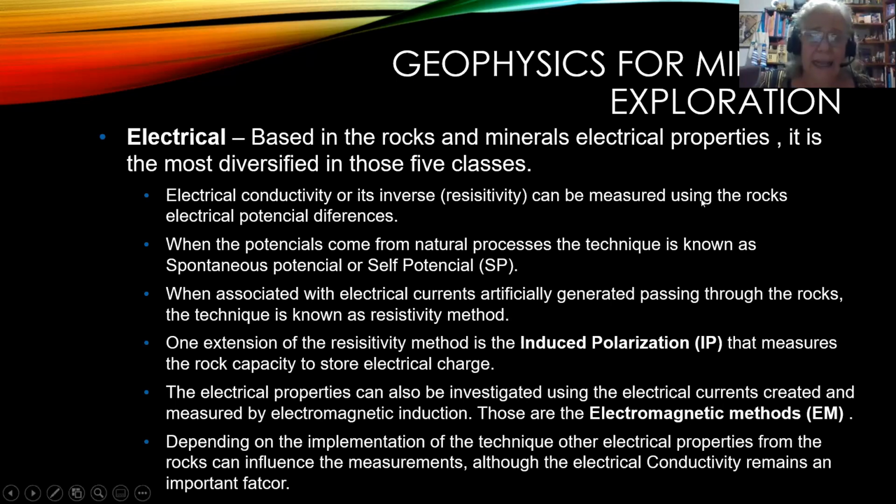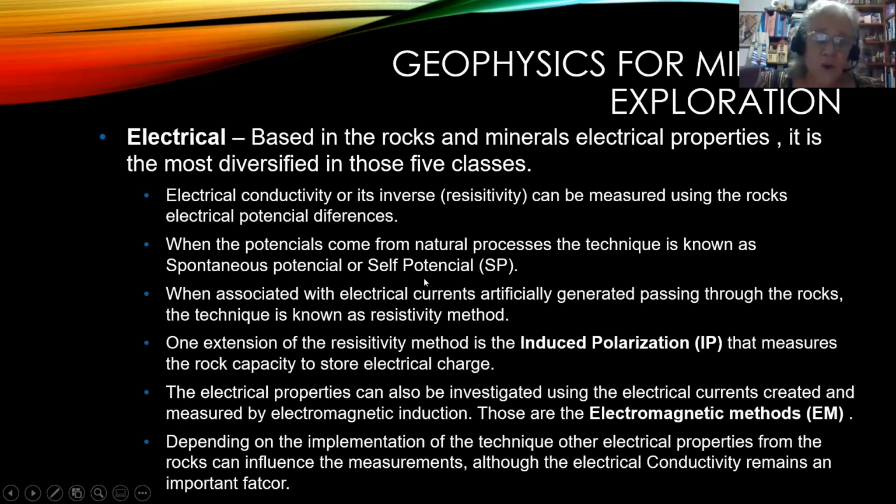We have the electrical methods that are based on the rocks' and minerals' electrical properties, and it is the most diversified of those 5 classes. So we can measure the electrical conductivity, or its inverse, the resistivity, using the rock's electrical potential difference.